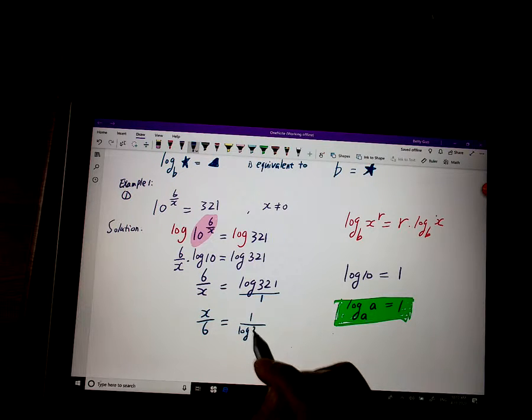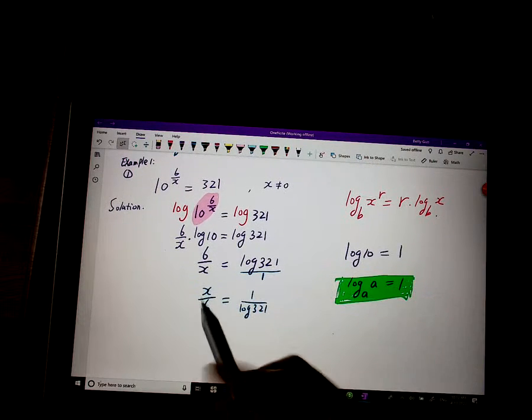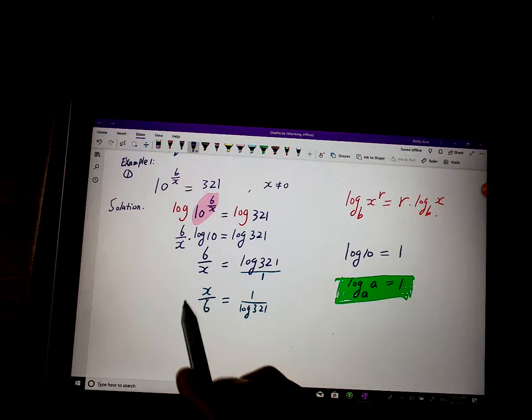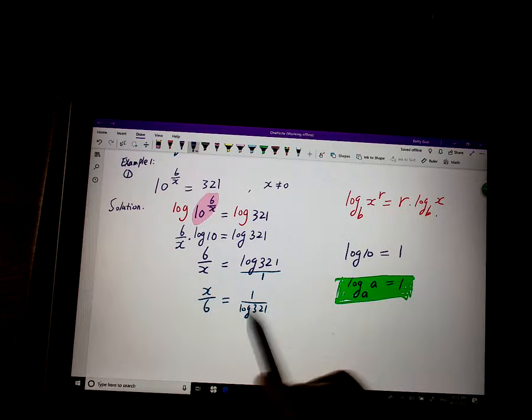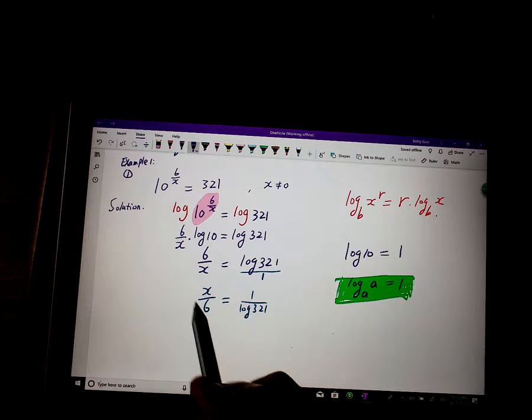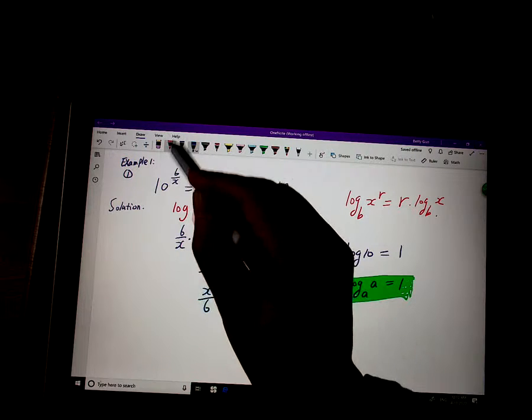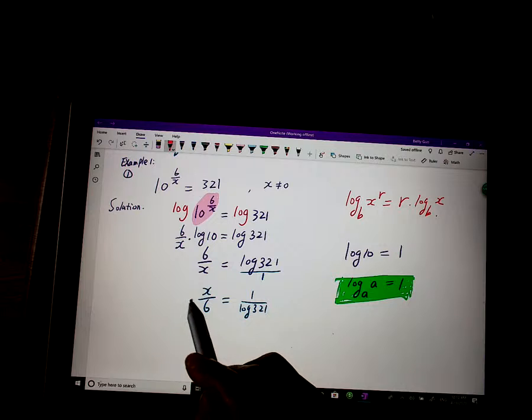As I mentioned earlier, as long as we apply the same treatment to both sides of the equation, the equation would remain the same. On the left, now we have 1 over 6 times x. On the right hand side, we have the reciprocal of a common logarithm of 321. How do we get rid of the 1 over 6? 1 over 6 is the coefficient of x, so we are going to multiply both sides by 6.